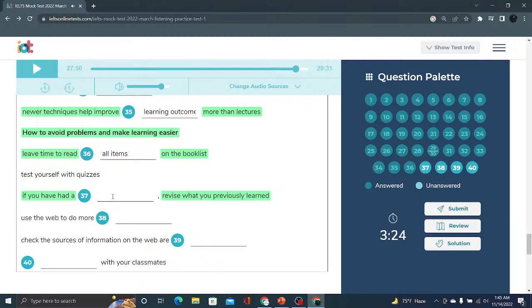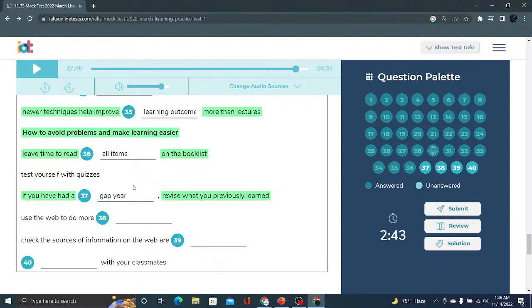Okay, it's a little bit tricky to get the answer. The answer would be gap year, because he was saying that now most of you, this would not be the first time that you're studying economics, but you may have taken a gap year or had a period of time working.